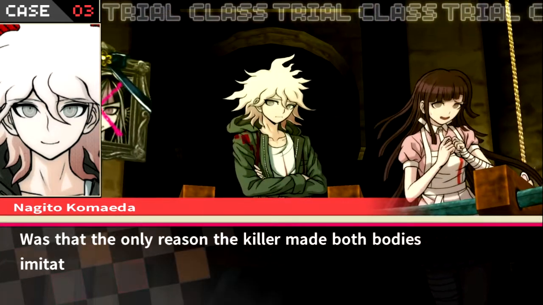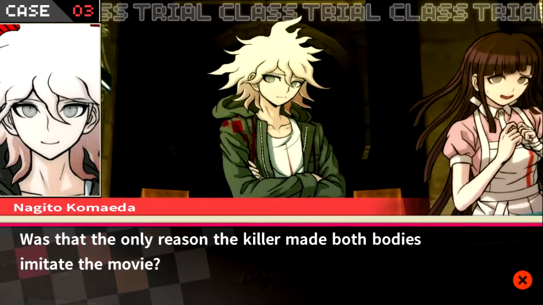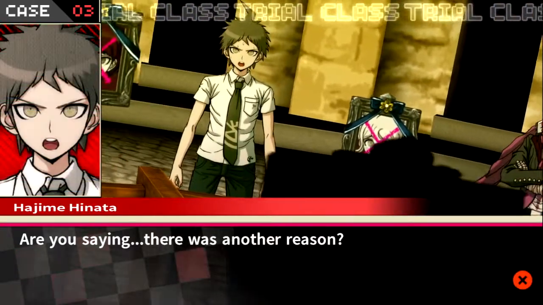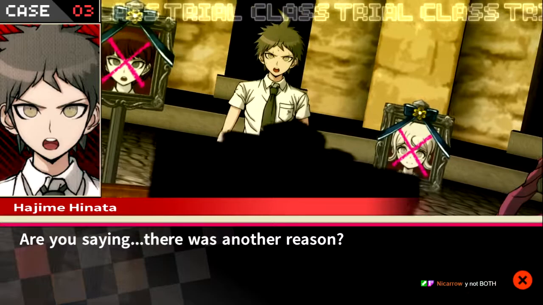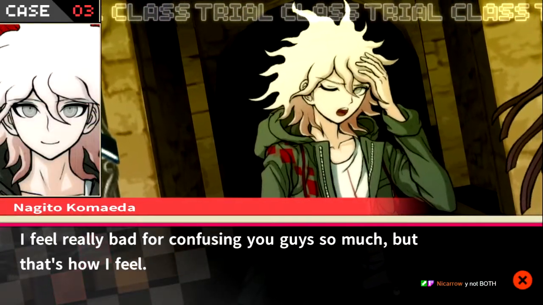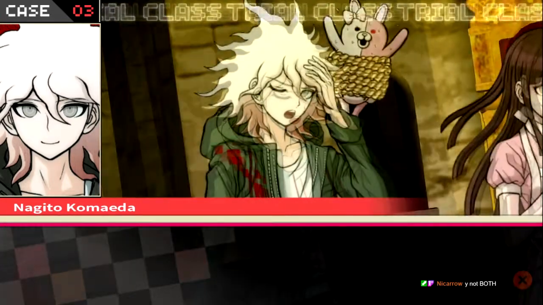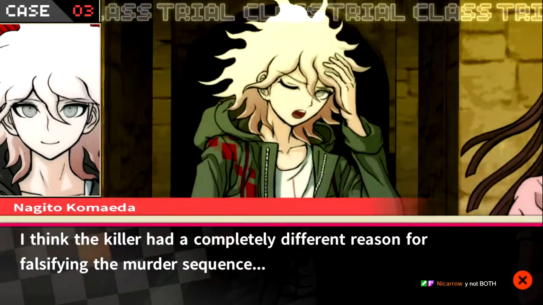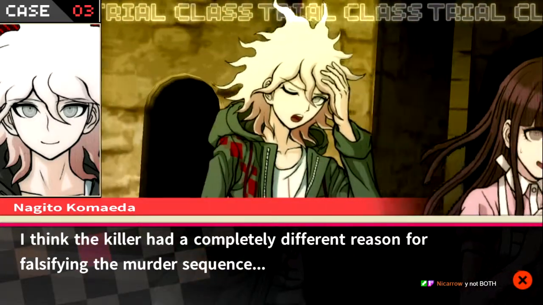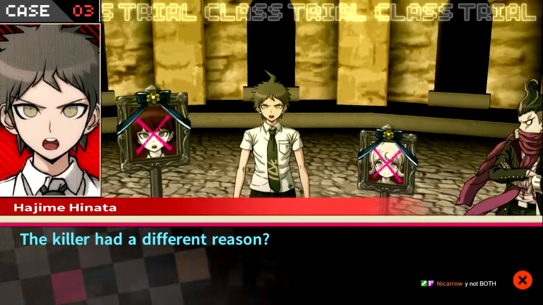Was that the only reason the killer made both bodies imitate the movie? Are you saying there was another reason? Well, why not both? I feel really bad for confusing you guys so much, but that's how I feel. I think the killer had a completely different reason for falsifying the murder sequence. The killer had a different reason?